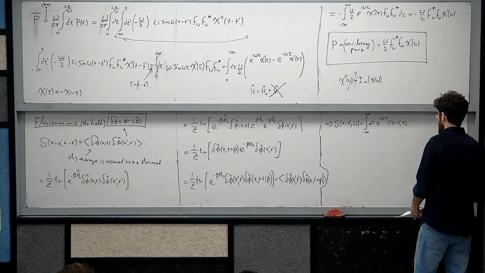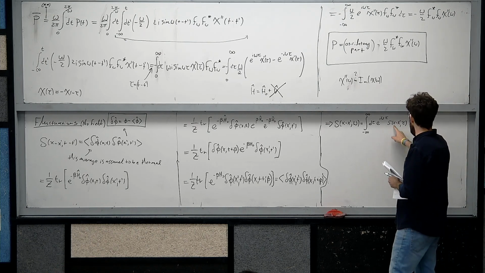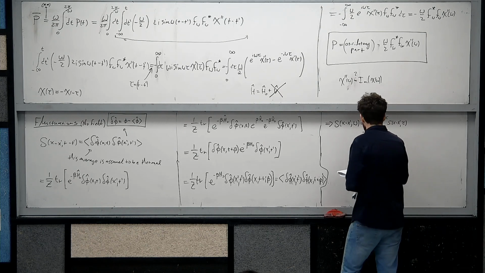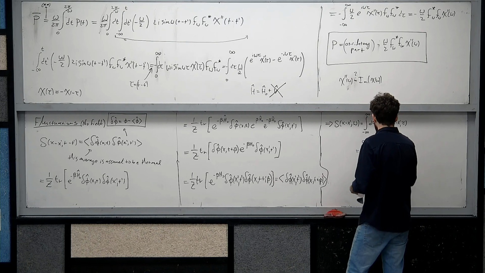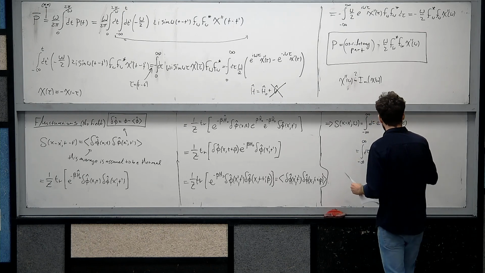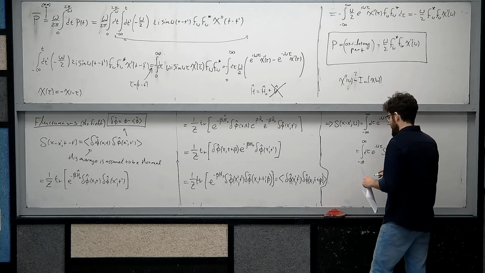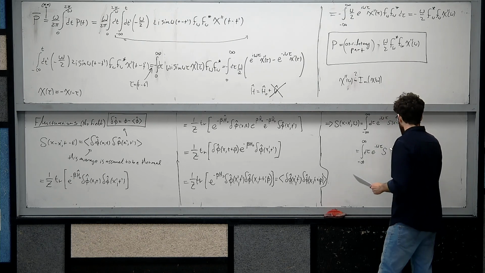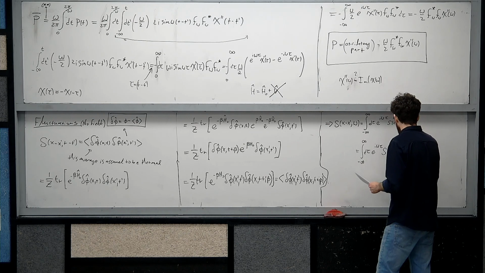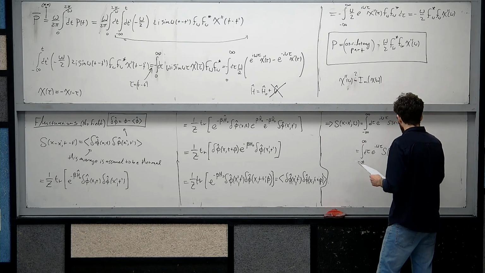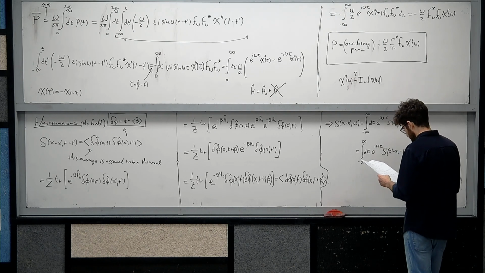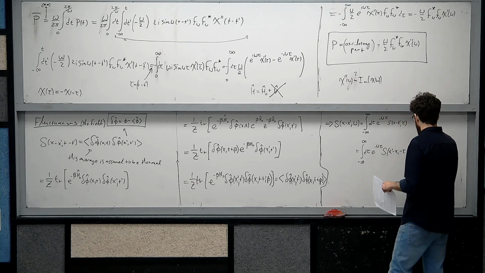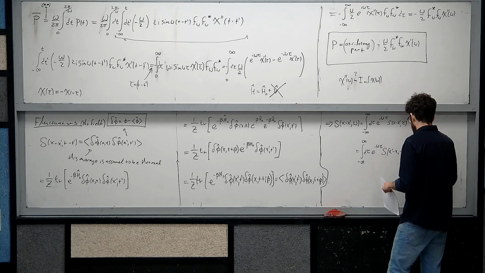This we can switch x, so this thing is going to be equal to the integral from minus infinity to infinity d tau e to the I omega tau, and then we have S of x prime minus x, and then we have minus tau minus I beta, right?